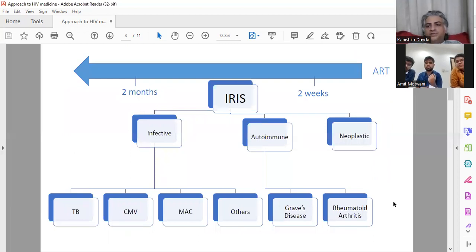Now what happens after we start ART? So what happens after we start ART is that the viral load is reduced by the drugs. Once the viral load comes down, the CD4 starts rising.